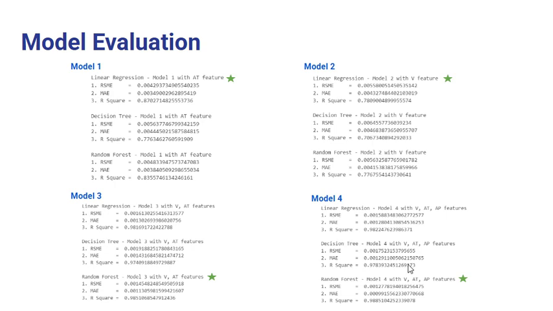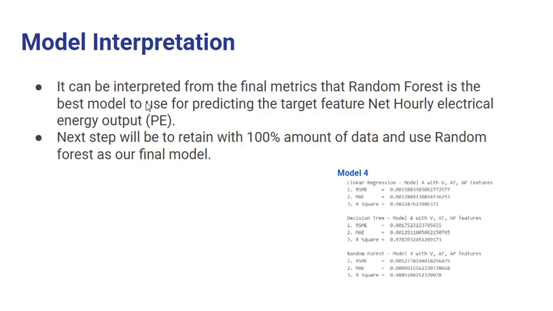So we can clearly see that the random forest is the clear winner, which we will use to build as our final model. So based on the model 4 output, we can clearly see that our random forest is the go-to model, and the features that we'll be selecting for this model are V, AT and AP, so that we can predict the value of the target variable, that is PE.